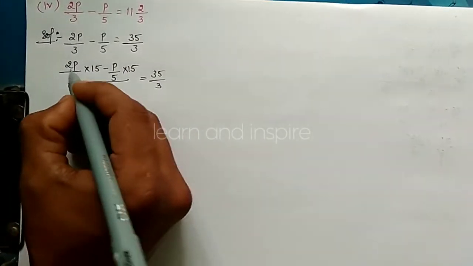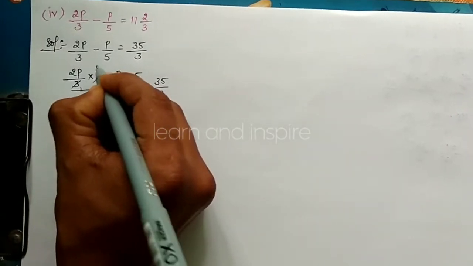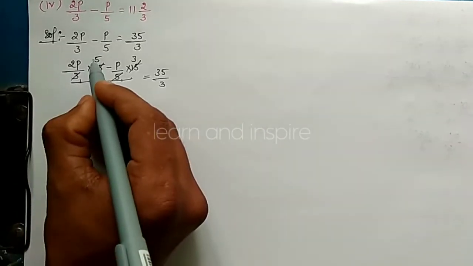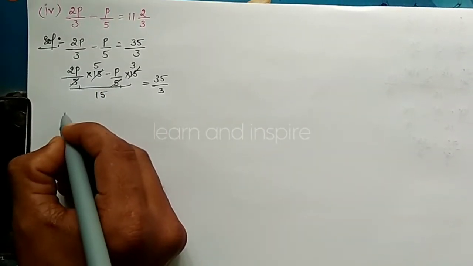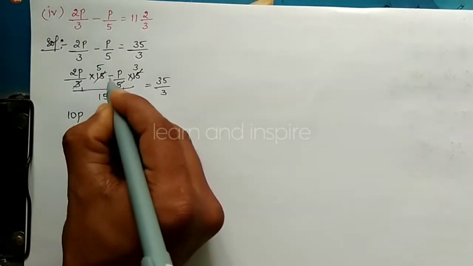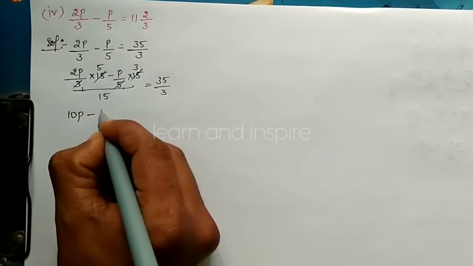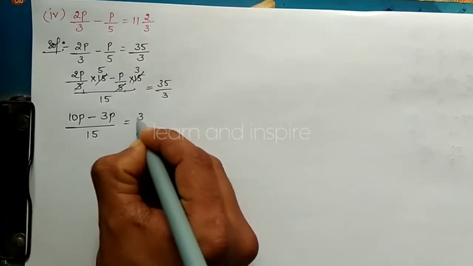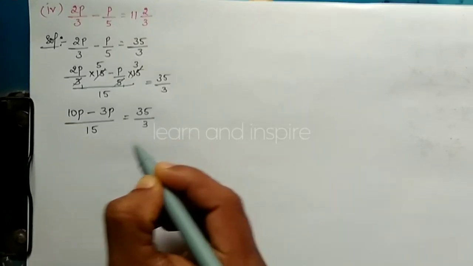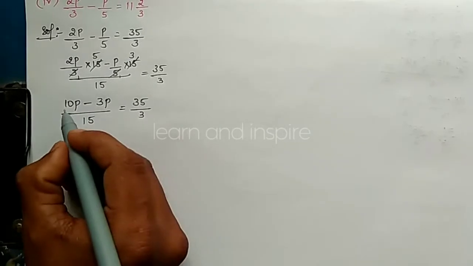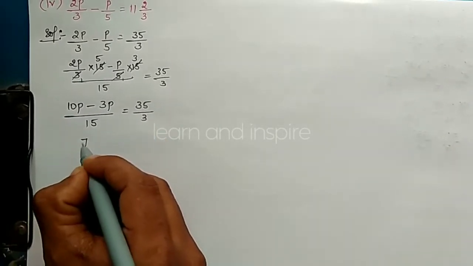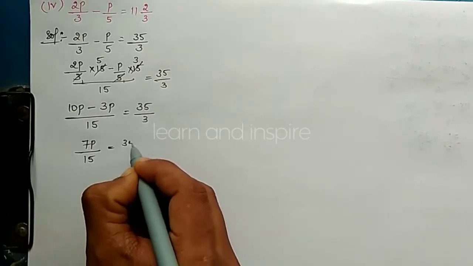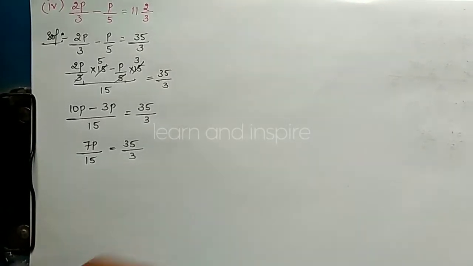Now we can cancel: 3 1s are 3, 5 3s are 15. 5 into 2p is how much? 10p minus 3 into p is 3p, by 15, which is equal to 35 by 3, right, as it is. 10p minus 3p is 7p by 15, which is equal to 35 by 3.